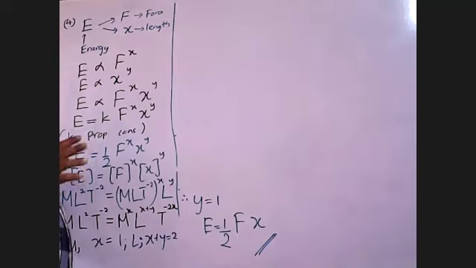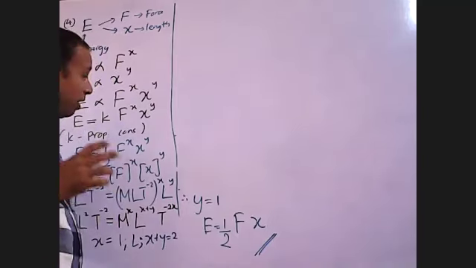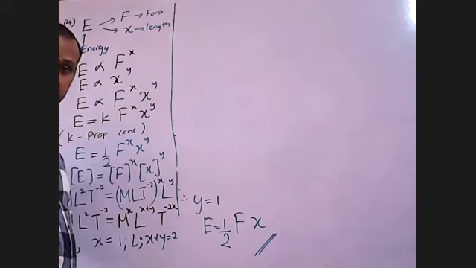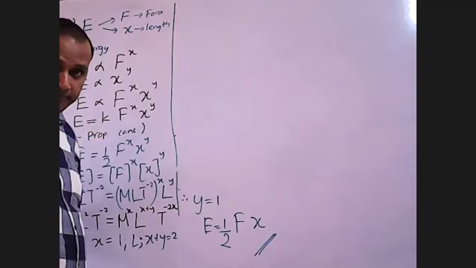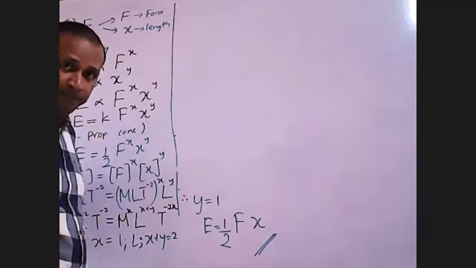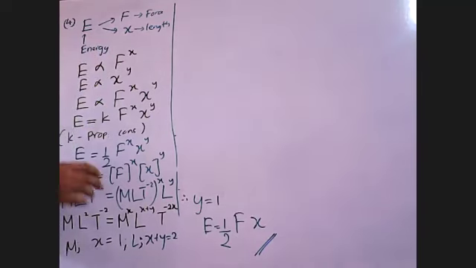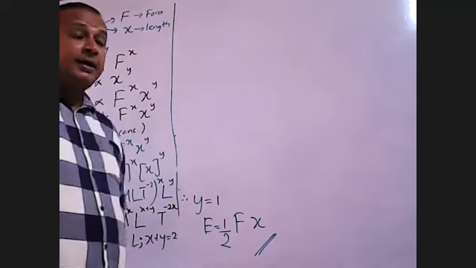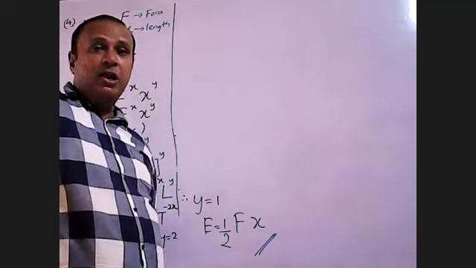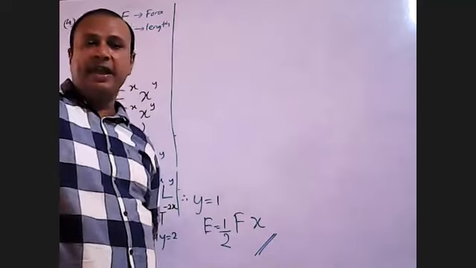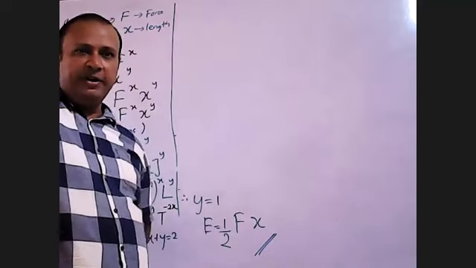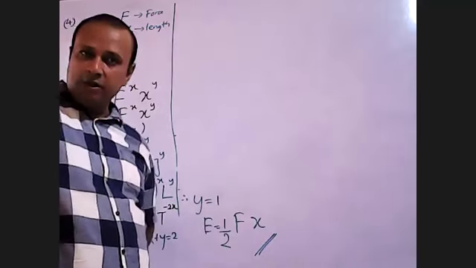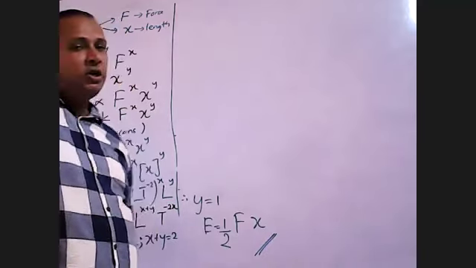Therefore, dimensions of all the terms, all variables, should be known or should be given. The other thing is the value or the dimension of k should be given. Otherwise, we cannot do this procedure.